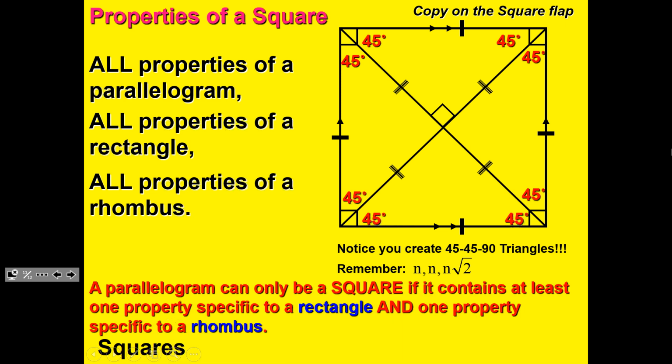Okay, and that's going to be this sentence here in red. So this says a parallelogram can only be a square if it contains at least one property specific to a rectangle and one property specific to a rhombus. So if you want to prove you have a square, you have to pick one rectangle property and one rhombus property and prove those 2 to prove it's a square.